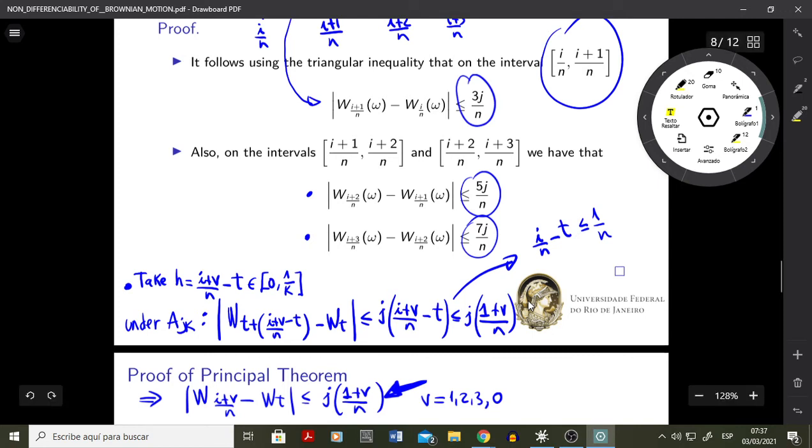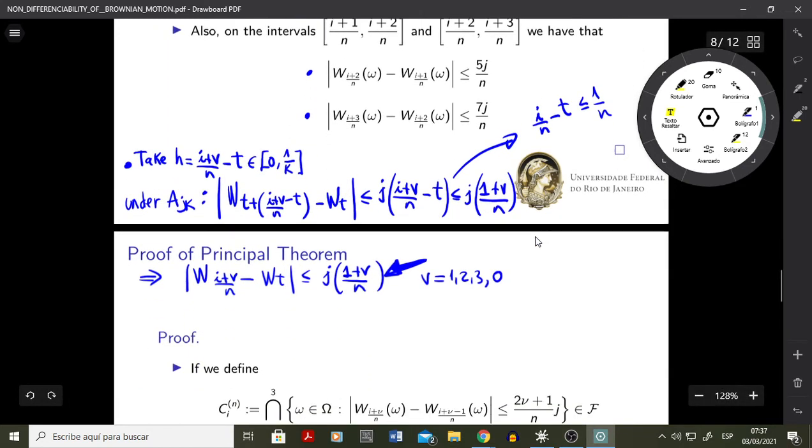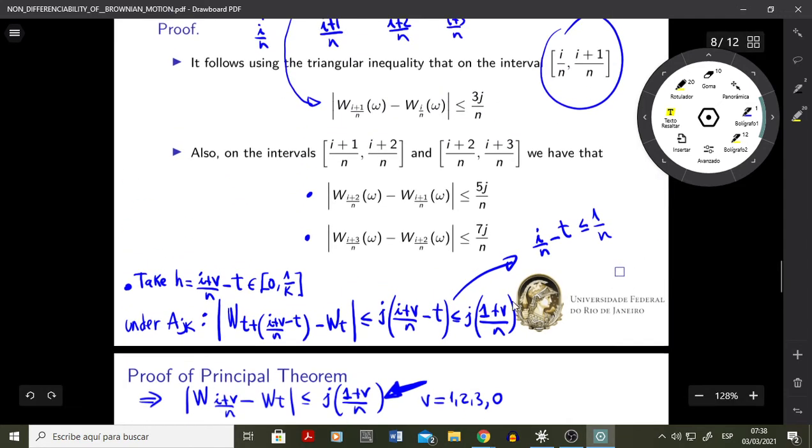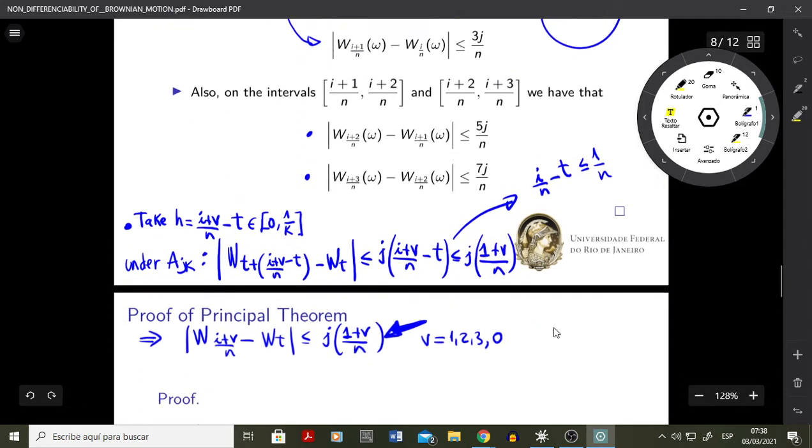Okay, well, but I was forgetting something. Here you have to use the triangular inequality. Okay, you have to use a triangular inequality.